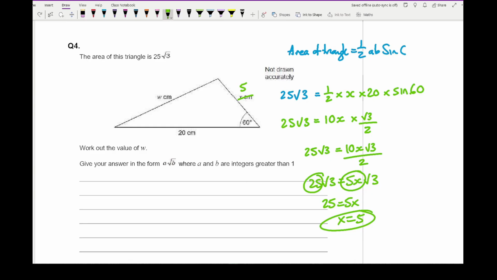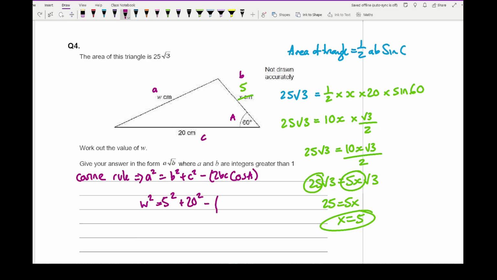Now from this I can work out what the value of W is, because I can then use the cosine rule. So using the cosine rule, I've got this as being A, this is going to be capital A, this is going to be my B, and this is going to be my C. Now remember the cosine rule is A squared equals B squared plus C squared minus 2BC cos A. And then from this, substitute the numbers in, I get W squared equals 5 squared plus 20 squared minus 2 times 5 times 20 times cos 60.